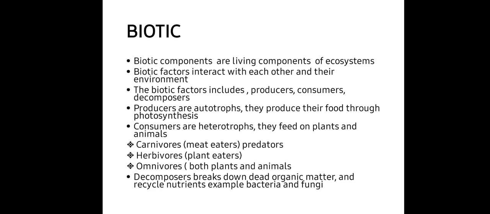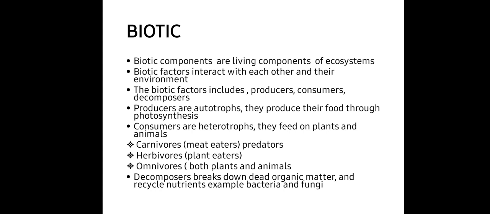Biotic components are living components of an ecosystem. Biotic factors interact with each other in their environment. The biotic factors include producers, consumers, and decomposers. Producers are autotrophic. They produce their food through photosynthesis. Consumers are heterotrophs.